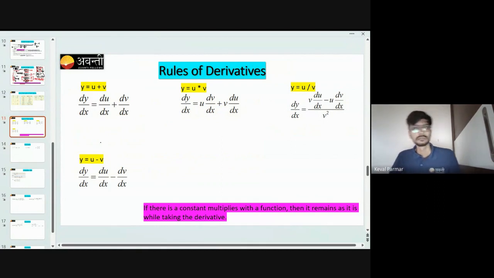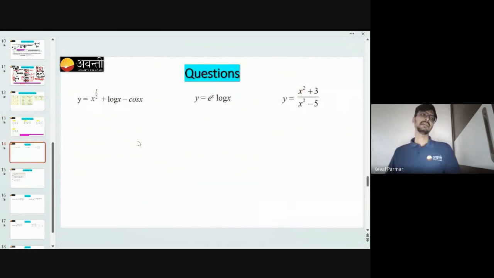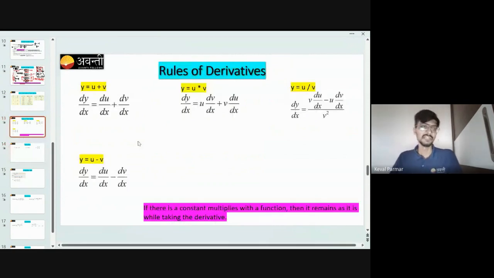Someone please say if you know these rules and the formulas, because we need these two things to proceed with the LH rule. Hello, is my voice clear? Are you done with this in physics or maths so we can proceed further? Learned, na? Okay, fine.